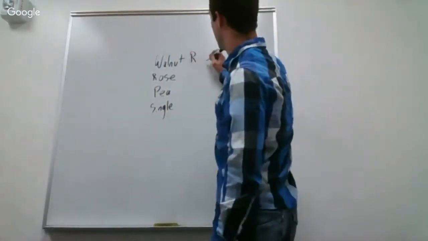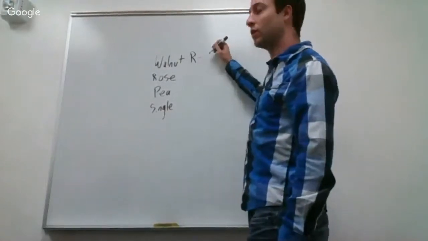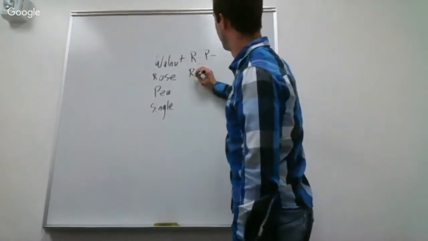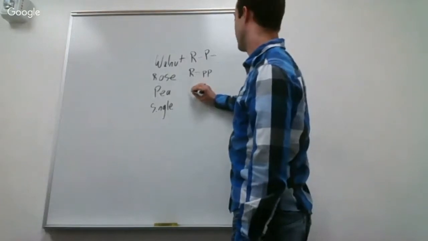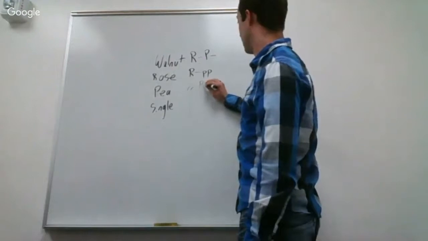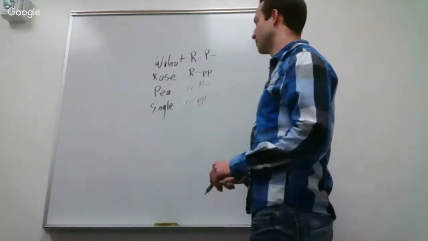Walnut has the dominant R and dominant P as well, I believe. And then rose has the dominant R and recessive p. Pea has recessive r's and a dominant P, and single would be all homozygous recessive.